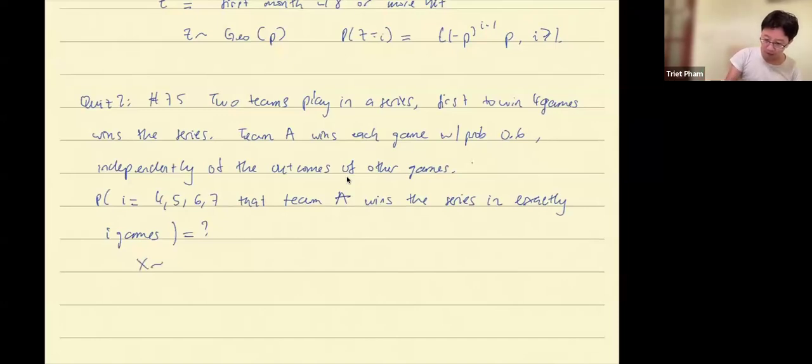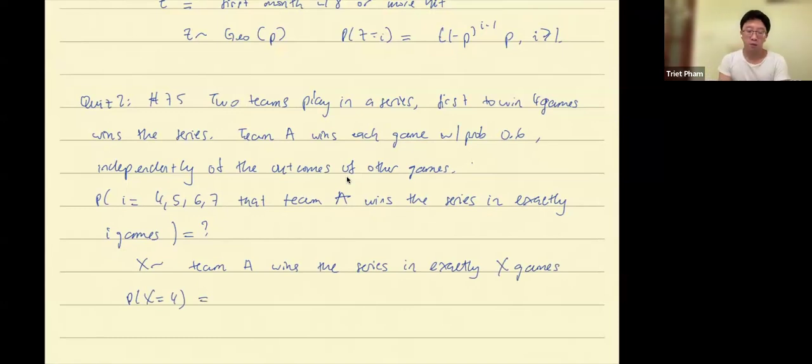If you let X be the number of games in which team A wins the series, exactly X games, what's the probability X equals 4? Should be that.